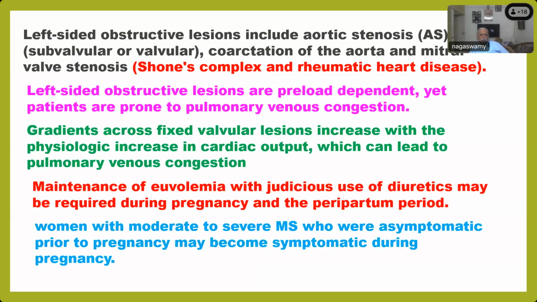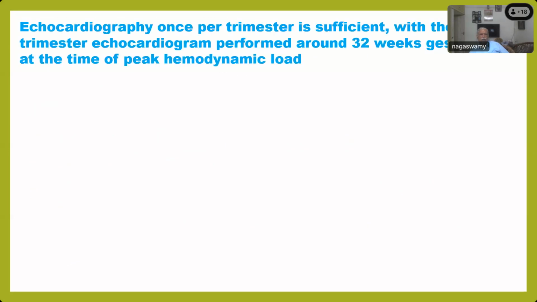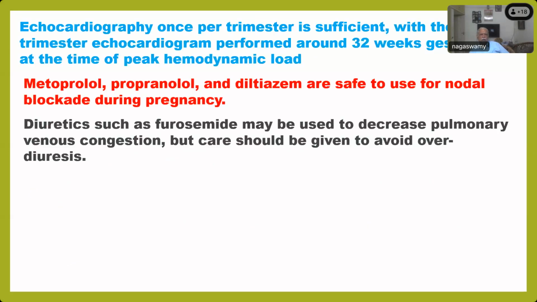And these are all the other associated valvular lesions. General rule: these drugs, metoprolol, propranolol, diltiazem, are safe to use during pregnancy. Diuretics, furosemide, are used to decrease pulmonary venous congestion, but care must be taken to avoid over diuresis.